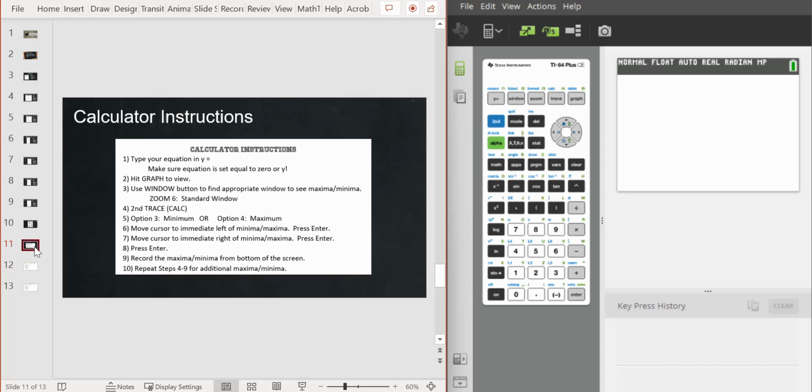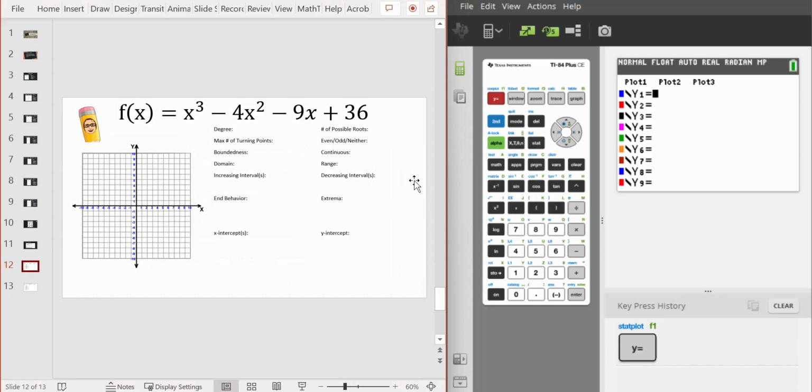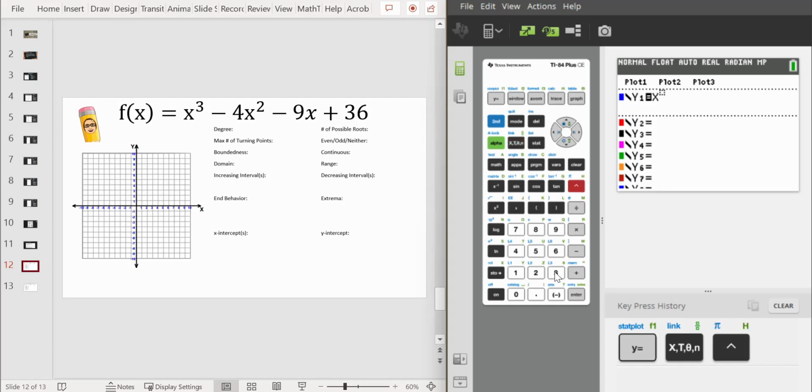So first, we'll go to our step number 1. We're going to type in our equation in the y equals. So please make sure you push the button to turn on your calculator, right? Then click y equals. And then we're going to type in that particular function. So we want to type in x, remember your x button's right here. And then we're going to go caret key, that's how you get to your cubed.